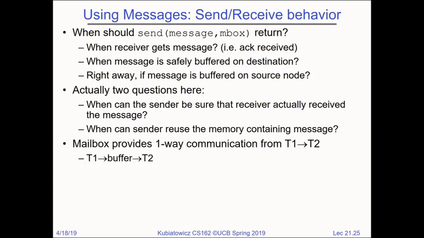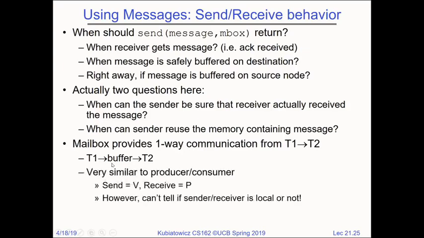So a mailbox really provides one-way communication from thread 1 on node 1 to thread 2 on node 2, and there's a buffer in between, which is the network. It's very similar to a producer-consumer. If you think this through, you could think about this as semaphores with V and P, where the message is being sent.